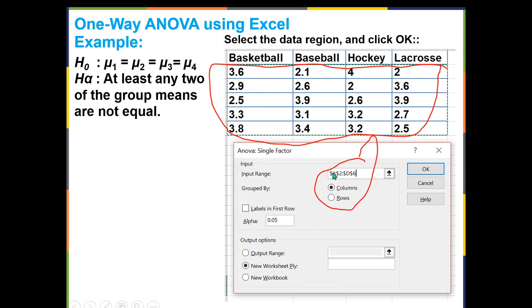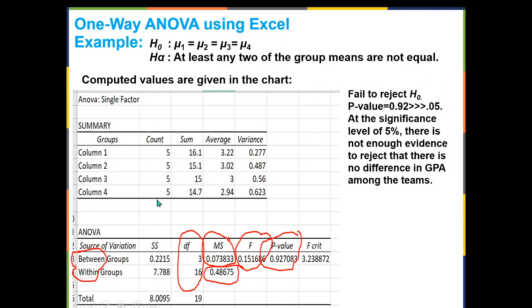In Excel, you have to highlight only the table, not the titles, only the columns. So you highlight the columns, and then it automatically goes here, coded. Excel codes the cells, from this cell to this cell, and then press OK. And here are the answers.